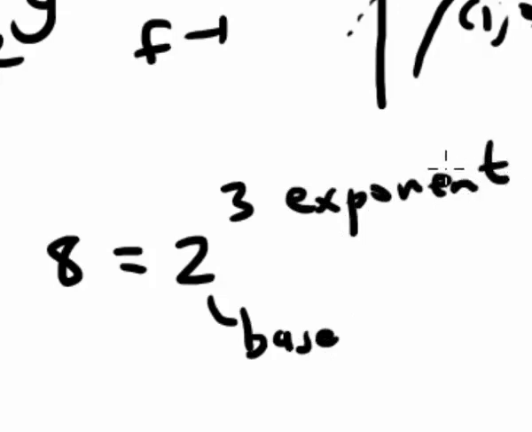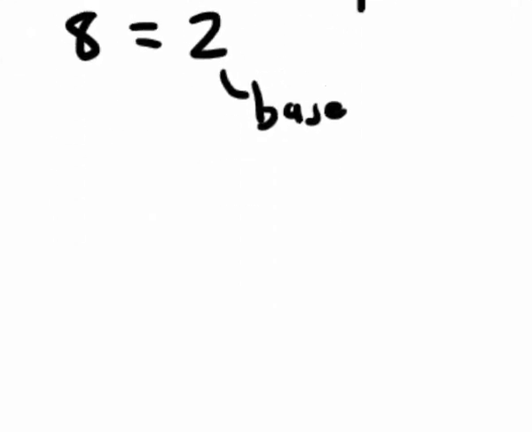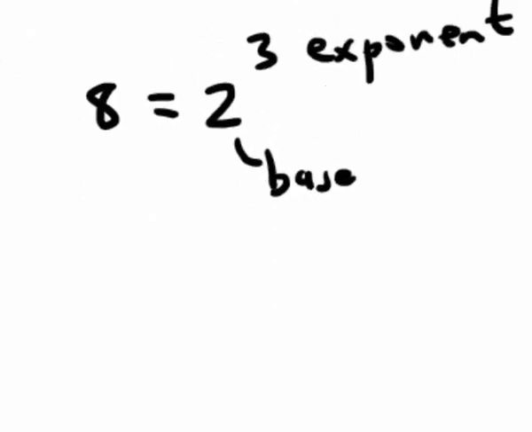But now I'm going to change this. I'm going to redefine this. I'm going to call the exponent something different. The exponent is 3 and the base is 2. So I can say that the exponent 3 is the log.